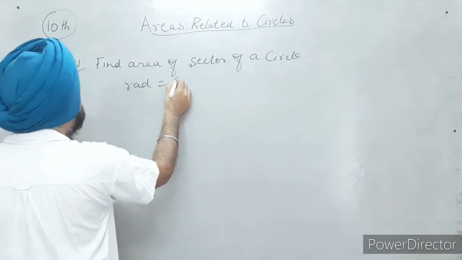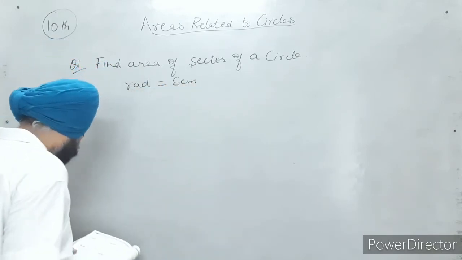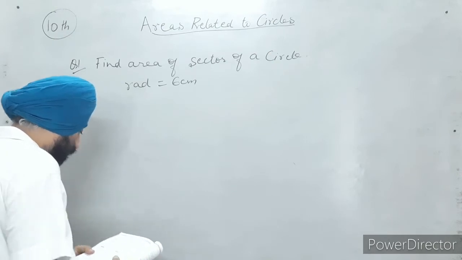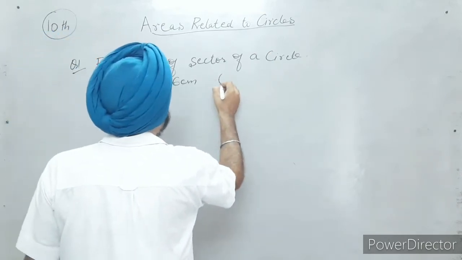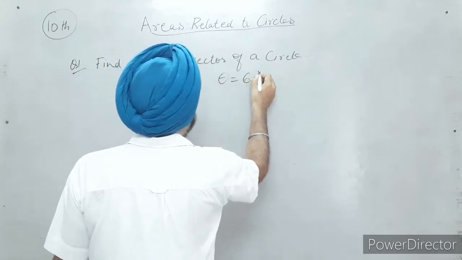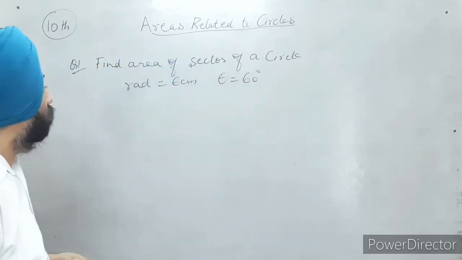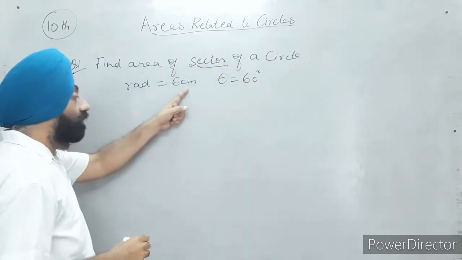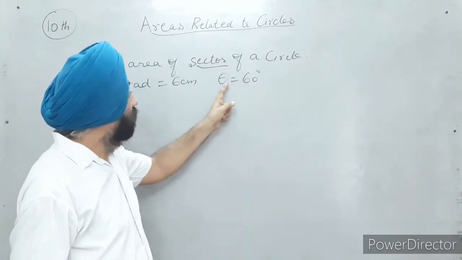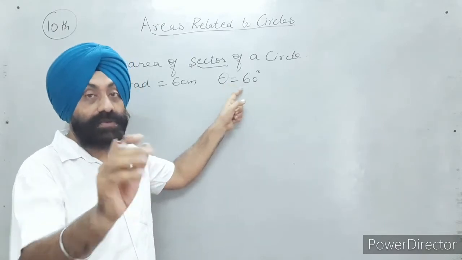The radius is 6 centimeter. If the angle of the sector is 60 degree, that means the central angle theta is 60 degree. This is given to us. Now find the area of the sector of the circle. The radius of the circle is 6 centimeter and the central angle theta equals 60 degree.